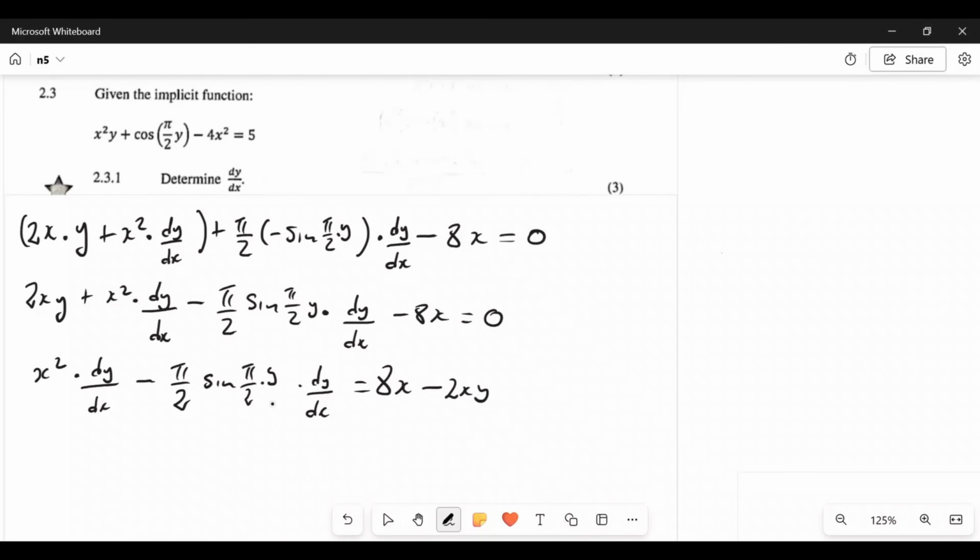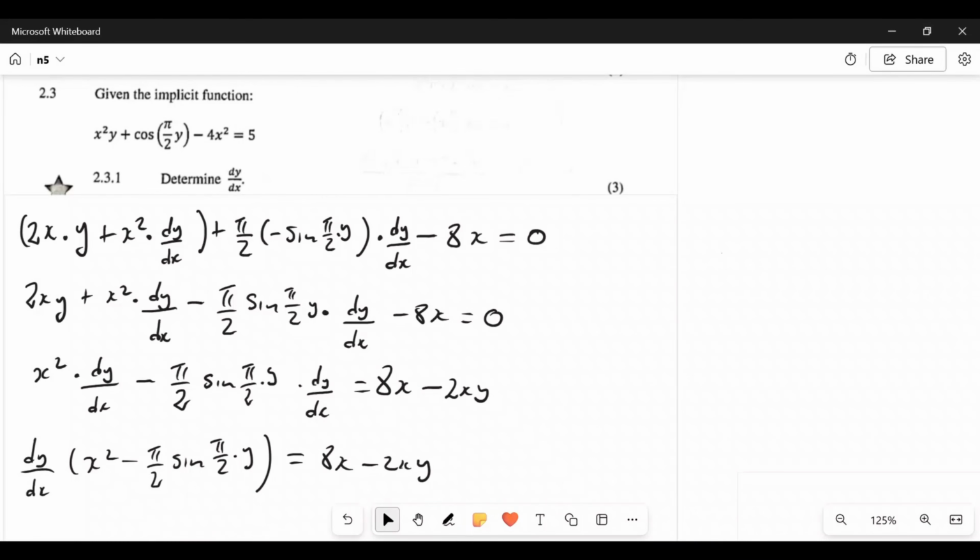On the left hand side, we're left with terms that have dy over dx, so dy over dx is a common factor here. We take it out. On this term we want to be left with only x squared, and on this term we're going to be left with negative pi over 2 sine(pi over 2 multiplied by y), close bracket. And all this is equal to 8x minus 2xy.